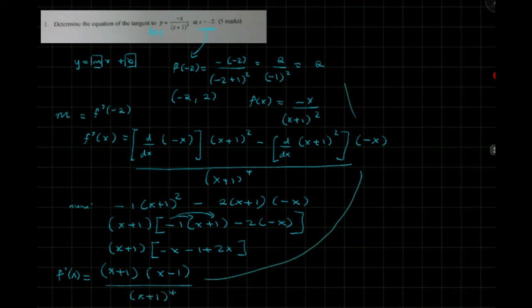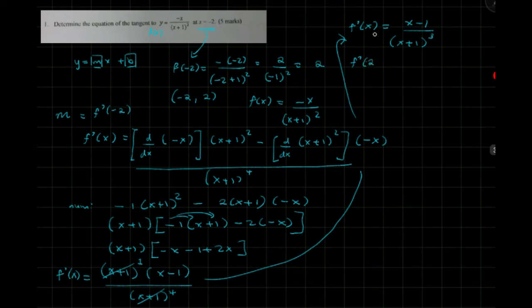Now at this point, I'm just going to simplify this a little bit. So if I simplify this, I can divide the common factors. This is power 1, this is power 4. So we basically have f prime of x equals (x minus 1) over (x plus 1) to the power of 3. Okay, so you want to find the slope at this point.